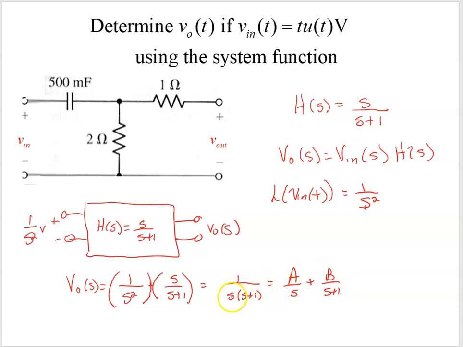A, if we cover up the S and plug in 0, A is just equal to 1, so it's 1 over S. If we cover up the S plus 1 and plug in negative 1, B is equal to negative 1, so we get negative 1 over S plus 1, and our inverse Laplace transform of that gives us u of t minus e to the negative t u of t. So we can just do it like that, in units of volts.